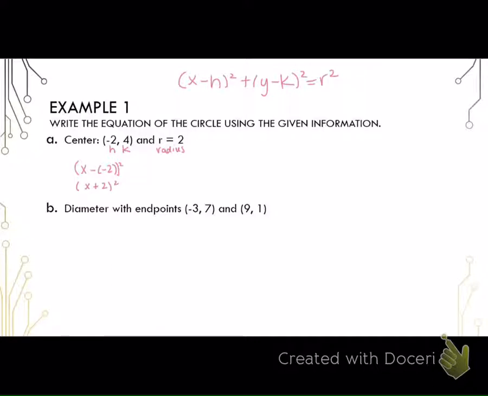So do you even have to write minus a negative then, if you just know to put it in as an opposite? No. Plus (y minus 4) squared. So do you see how that switched the 4 from a positive to a negative? Equals r squared. What's 2 squared? 4. So that's what I mean by opposite h, opposite k.